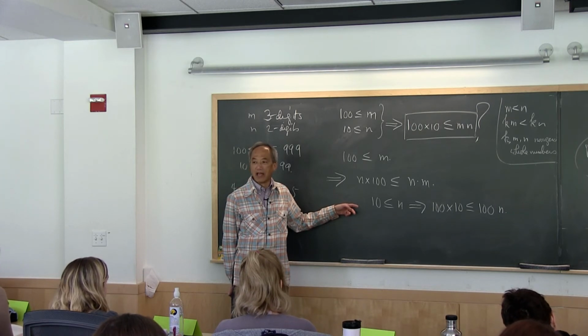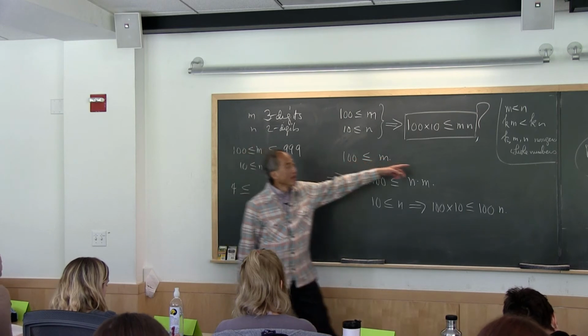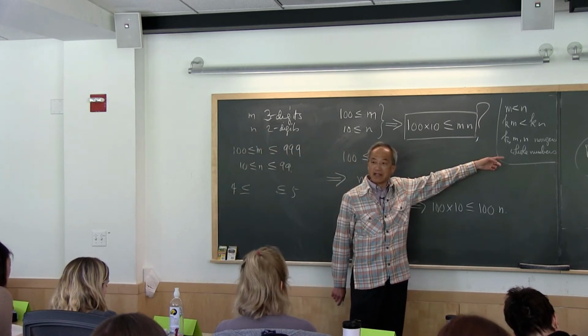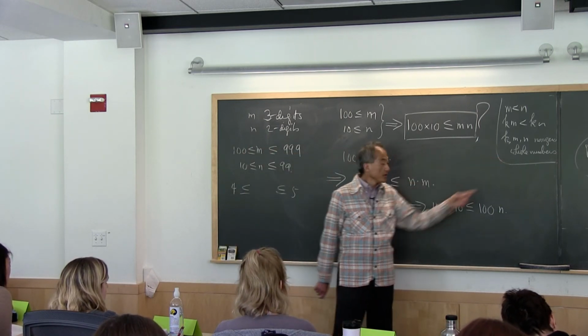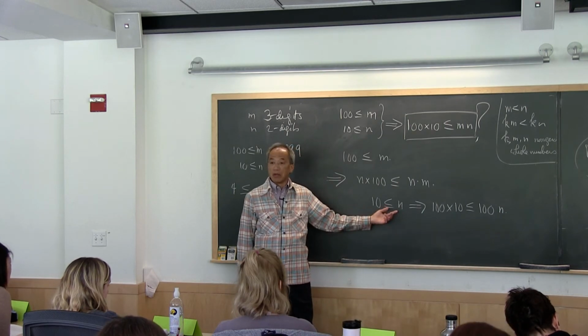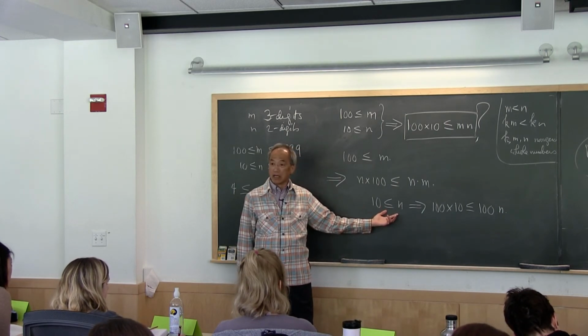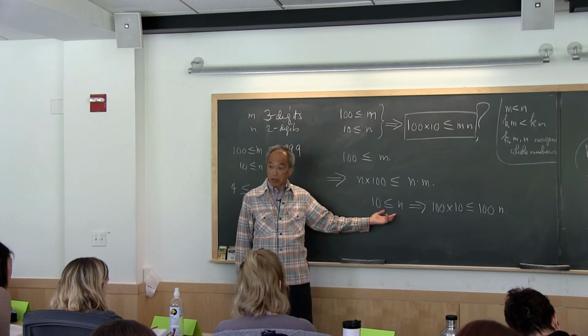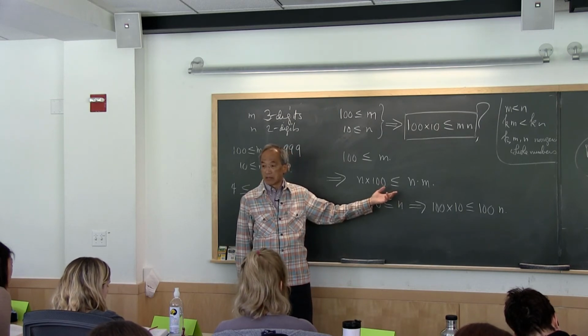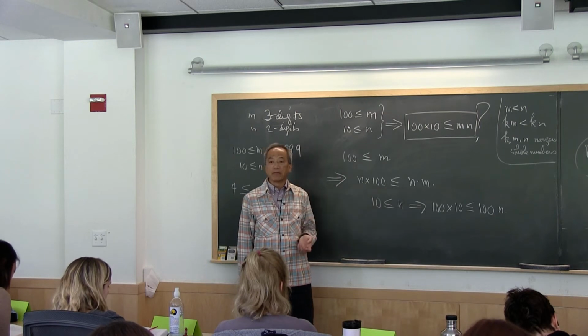What am I using? Same thing, right? I'm using it twice. If you have an inequality, multiplied by the same number on both sides, the inequality persists. Right?